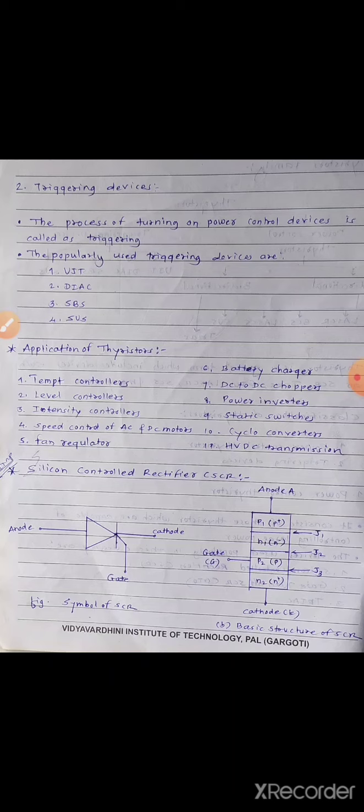In the next lecture we will see the characteristics of the SCR. Firstly we will discuss chapter number 2, which will be easier to understand. Therefore we will skip the first chapter, go towards the second, and then move to the first.